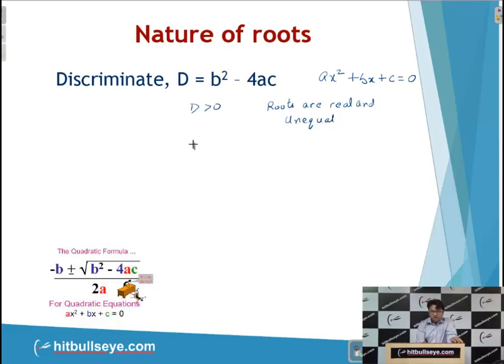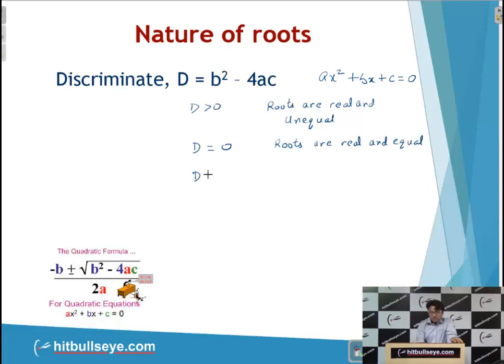If the value of discriminant is equal to 0, then roots are still real but they are equal now. That means the two roots are not distinct.